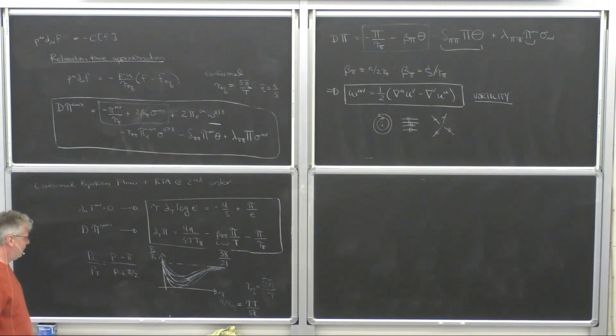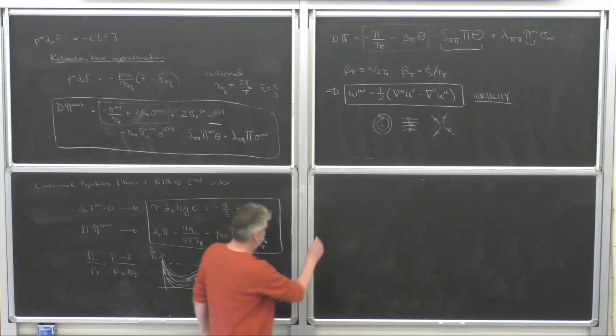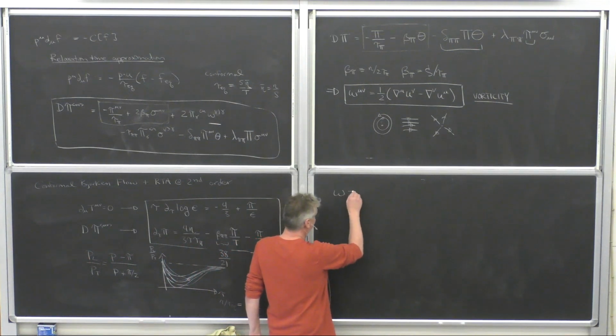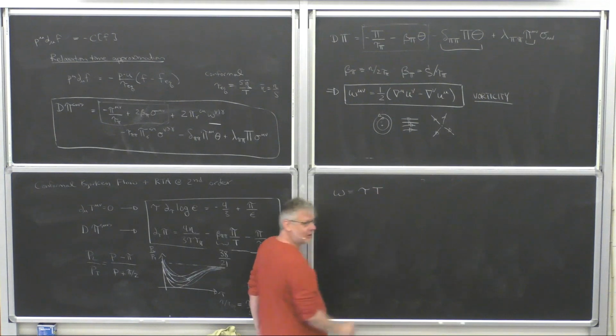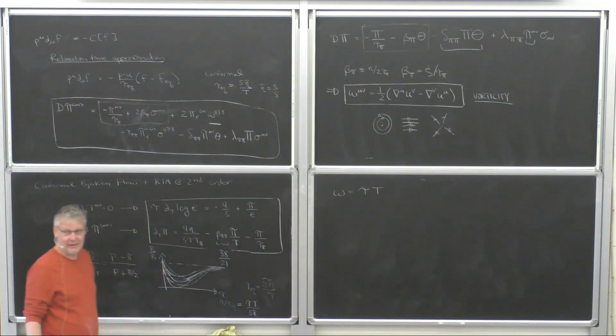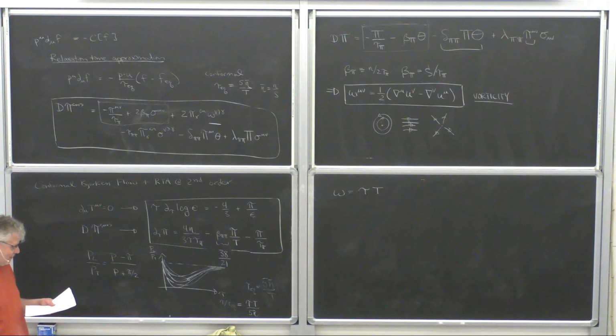So probably the first thing we want to do if we want to see this collapse happen is rewrite things into some sort of dimensionless variable. It's a nice thing to do in physics. So the idea is to introduce a dimensionless time. In the conformal system, there's only one choice. It's T. So I take the product of tau times T, and that's now a dimensionless time variable. I'm going to rewrite all of my equations now in terms of this dimensionless time.